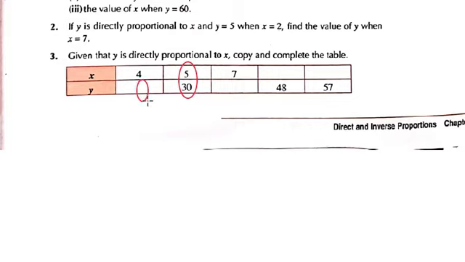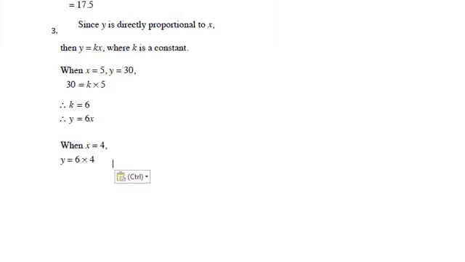Then you have to find the value of y when x equals 4. When x equals 4, you can use y equals 6 times 4, because the connecting equation is y equals 6x. Then from here you can find y equals 24.